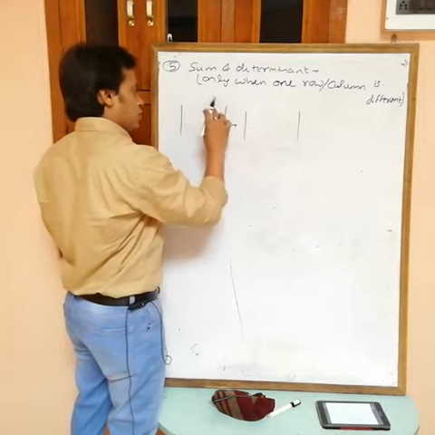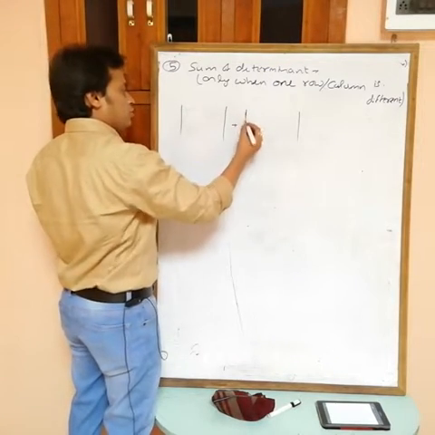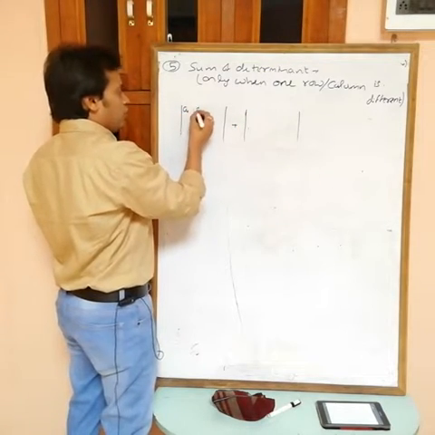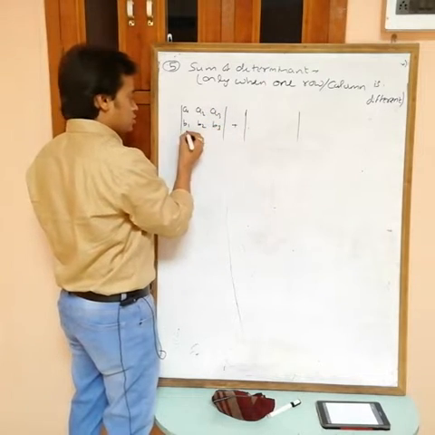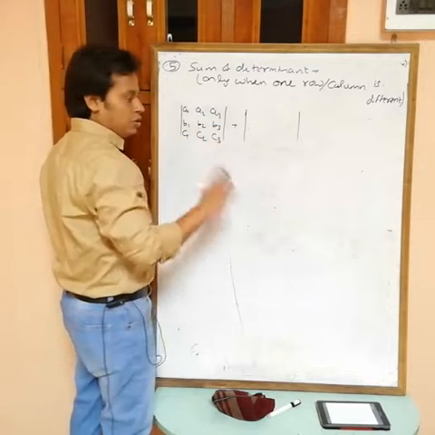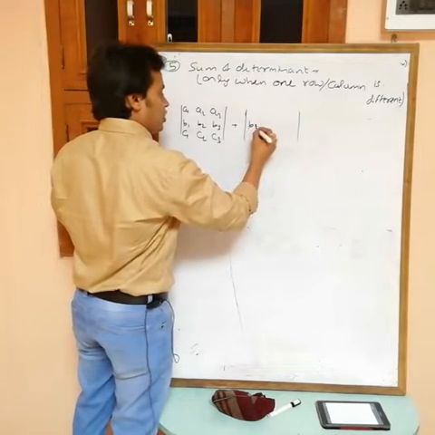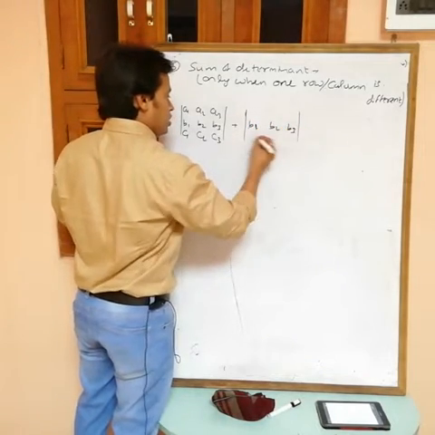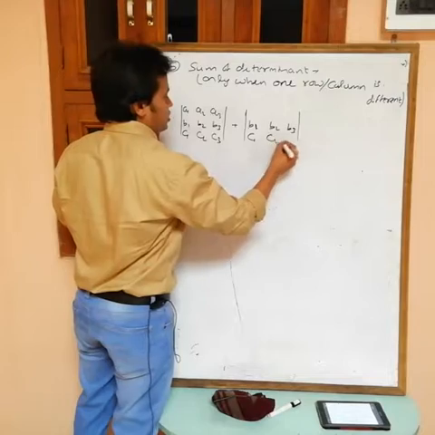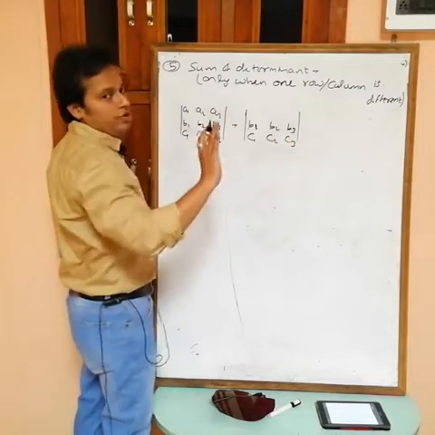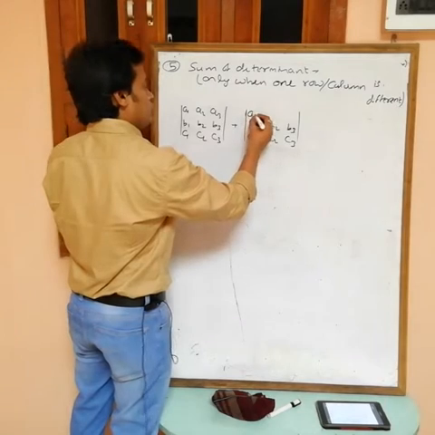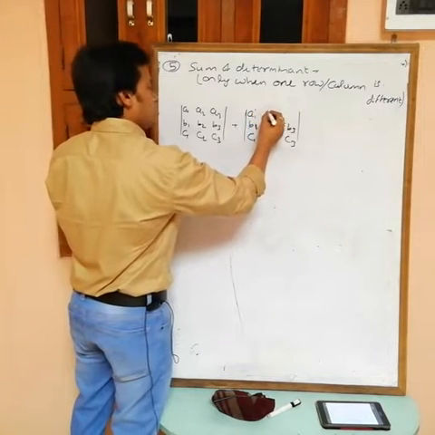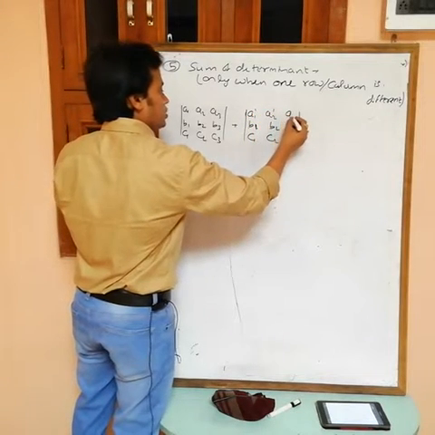So suppose the second and third are the same and I am changing only the first row. So A1, A2, A3, B1, B2, B3, C1, C2, C3. Now suppose the second row B1, B2, B3 is the same and the third row is also the same, C1, C2, C3. I am changing only one row. Suppose A1', A2', A3'.